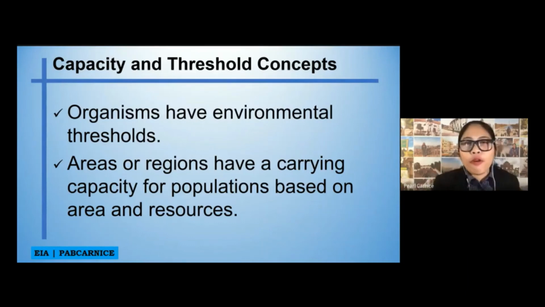In which case, if your project or activity would result in an adverse impact to a specific lake, and if you can calculate that the lake can still assimilate it, correct, Dr. Bakunawa, its capacity for self-purification, correct.